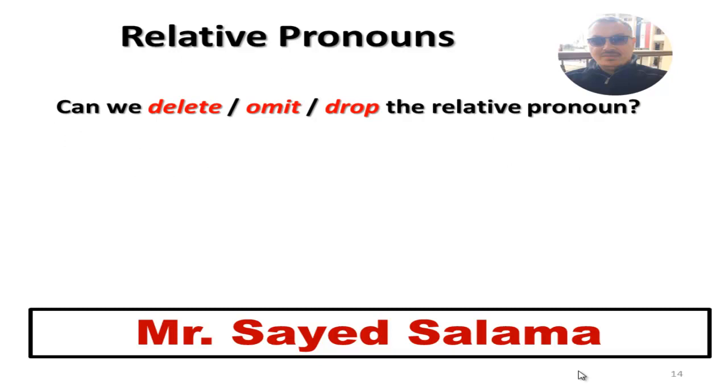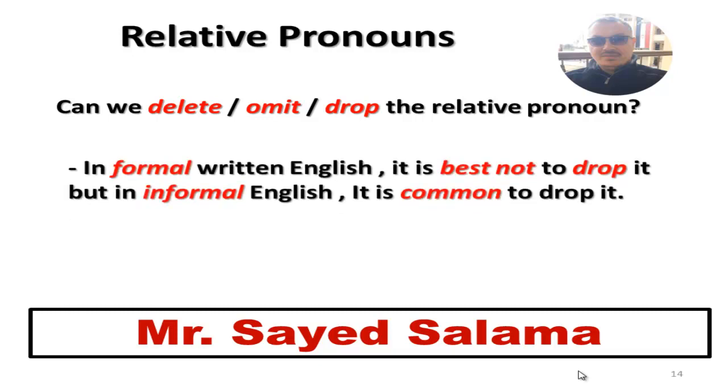Can we delete or omit or drop the relative pronoun? Of course we can. But when can we drop the relative pronoun? In formal written English, it's best not to drop it. But in informal English, it's common to drop it.